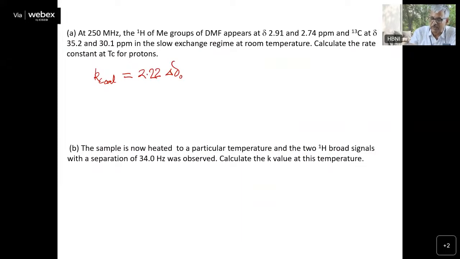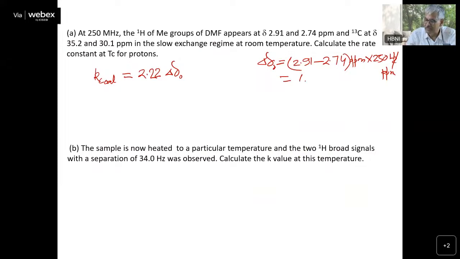So here you can find out that delta nu for proton is 2.91 minus 2.74 ppm into 250 hertz per ppm.